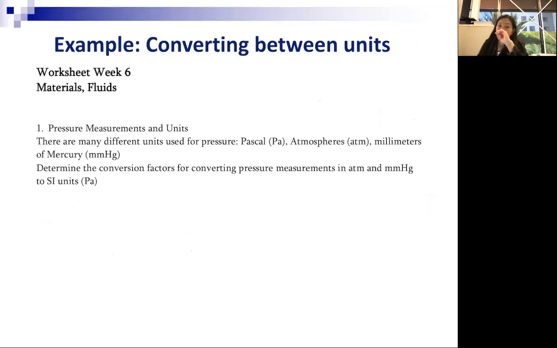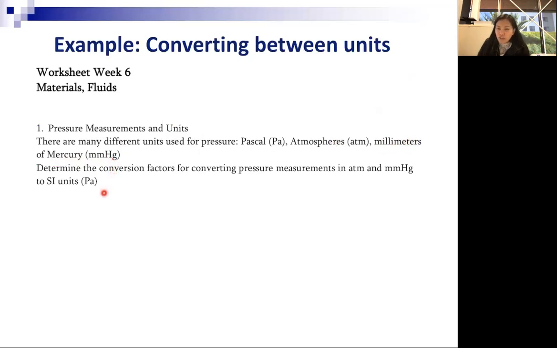Okay, so let's go now to the first question in the worksheet, which is concerned with different units of pressure. So we've now seen different units of pressure, pascals or newtons per meter squared, and then you have atmospheres, and then we've just seen millimeters of mercury as also a valid unit for measuring pressure.